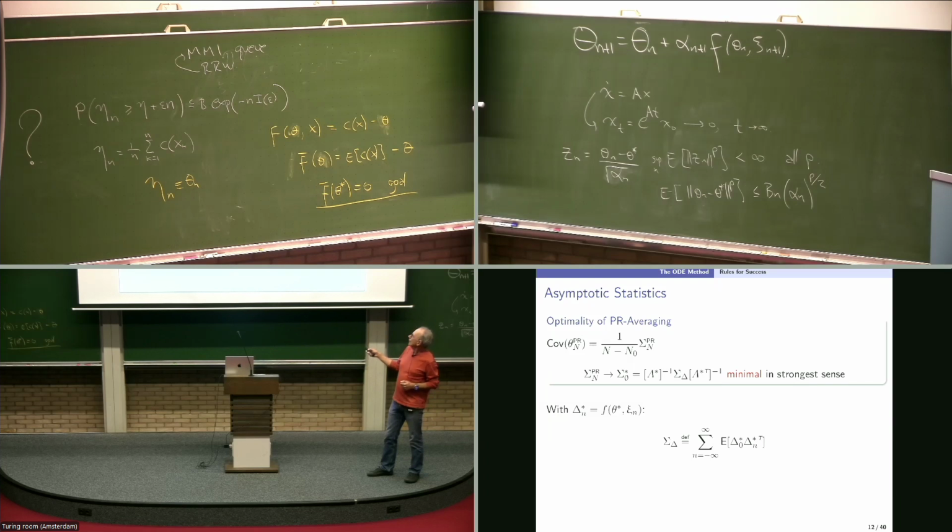Now this has 0 mean by definition, because the mean of this is f bar of theta star, which is defined to be 0. And so this here is the power spectral density evaluated at 0, which would be the covariance in Monte Carlo. If you were averaging this sequence, it would satisfy the central limit theorem. The covariance matrix associated with that is in this.